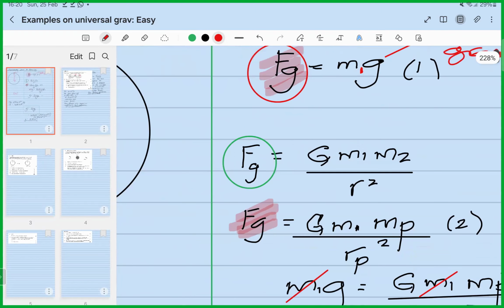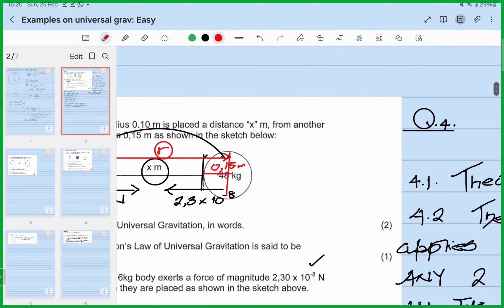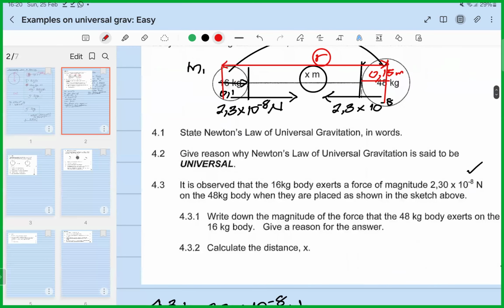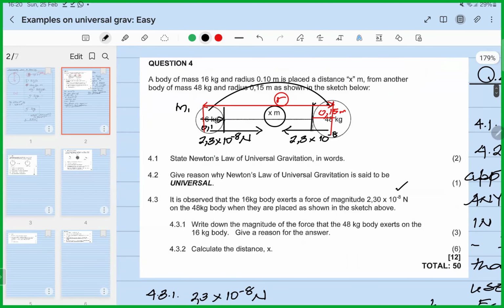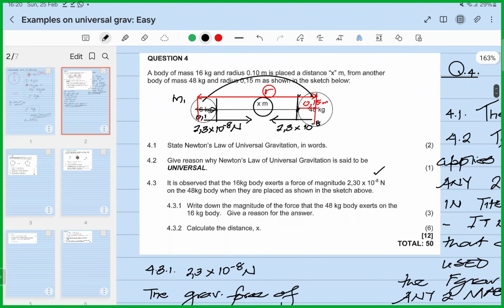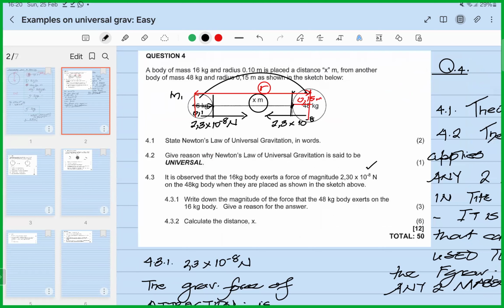Anyone can tell me how we're going to now use our knowledge and the information provided to find this distance x, which is from the surface of one object to the surface of the other object? Anyone? It's actually very easy.